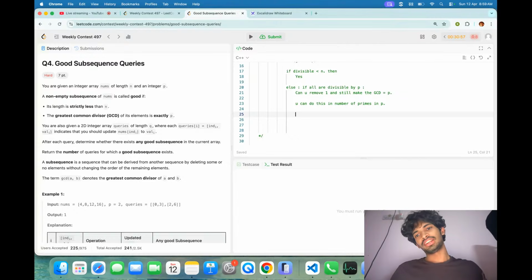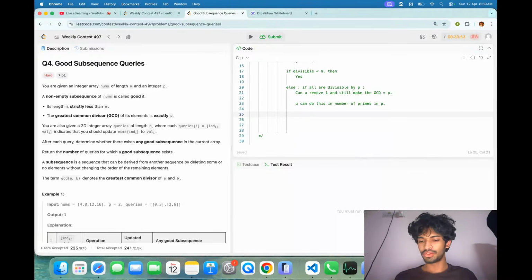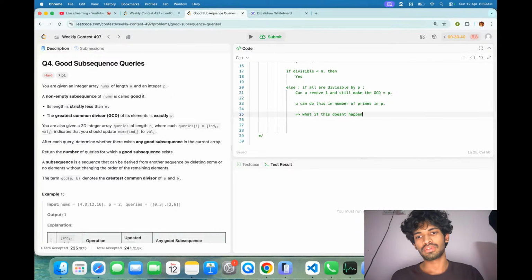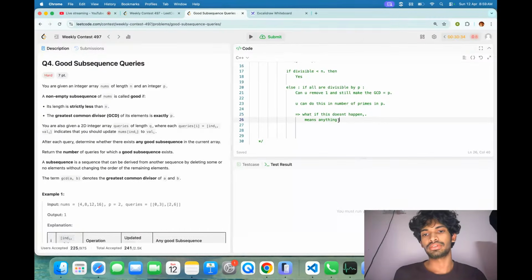I know how you can do that. Let's use logic. Never use memory. Don't bring your stupid memory. Let's try to see what if this doesn't happen. See, removing one is optimal, right?